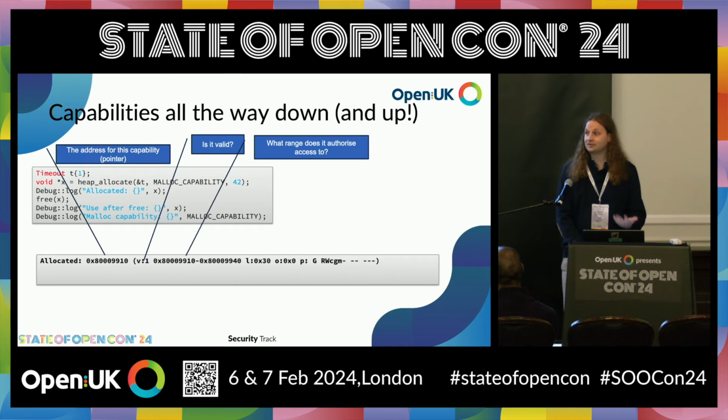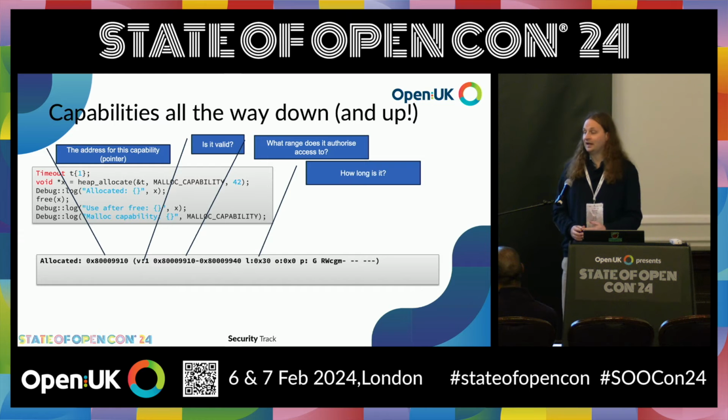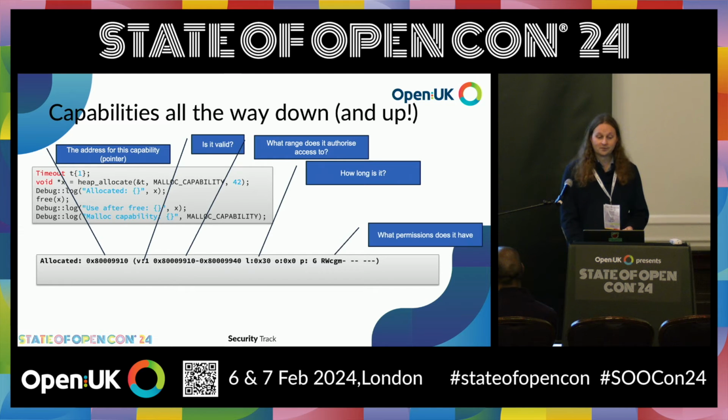And that's bounded. It has a range which we can express as either a base and a top or a length. They're densely encoded and compressed, but we expand them and print both for debugging because sometimes it's useful to see one, sometimes it's useful to see the other. And it also has a rich set of permissions.